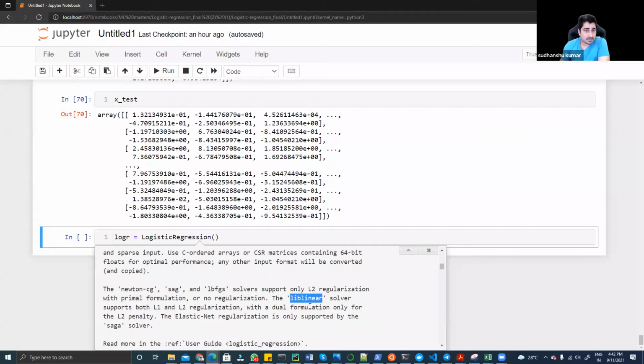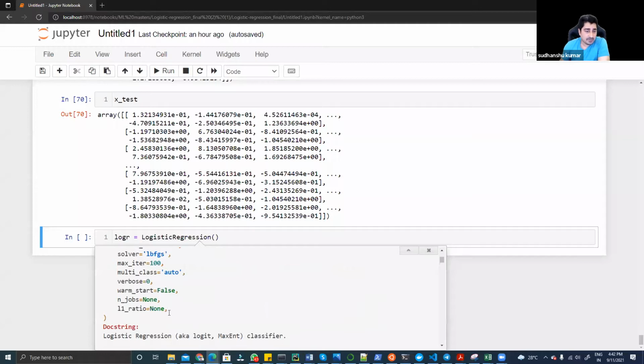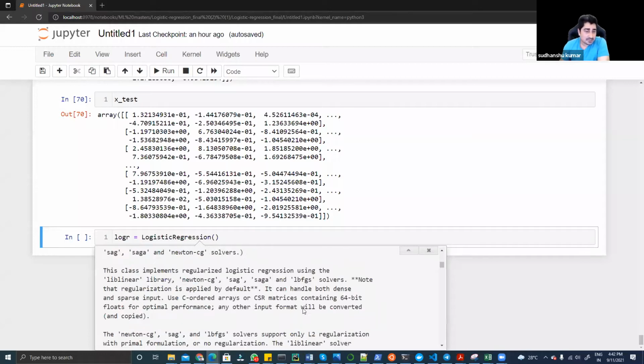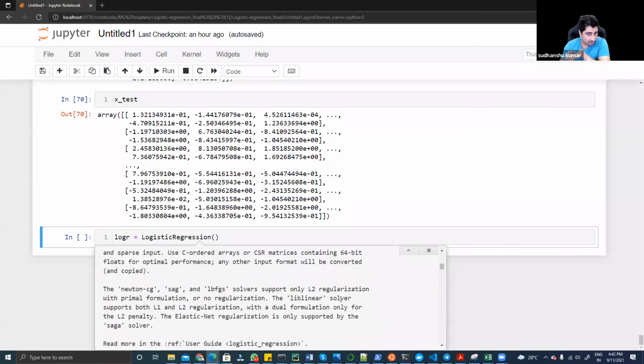If this is the solver, which solver are we using by default? If we use the liblinear solver, which is the name of one of the solvers by which you can separate the data, it supports both L1 and L2 regularization, depending upon the solver I pick, with a dual formulation only for the L2 penalty. The elastic net regularization is supported only by the Saga solver.